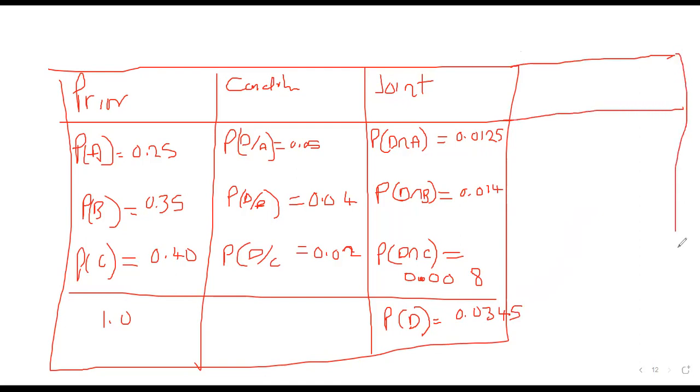Now let's find the posterior. What are the posterior probabilities here? D given A. Is it D given A?